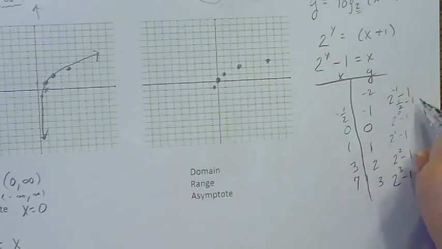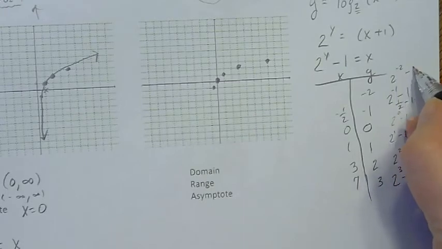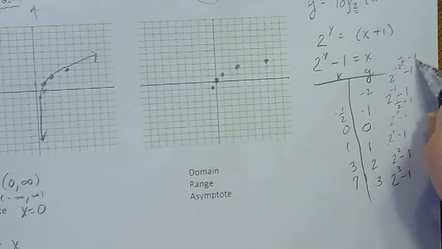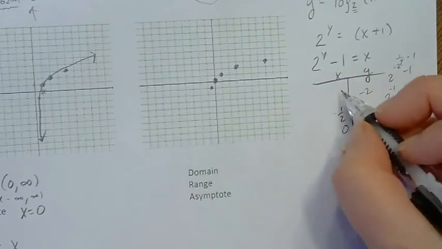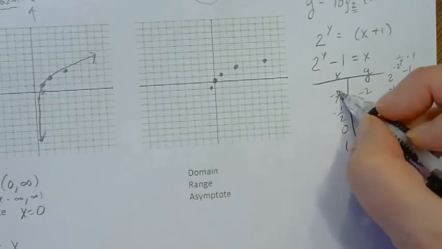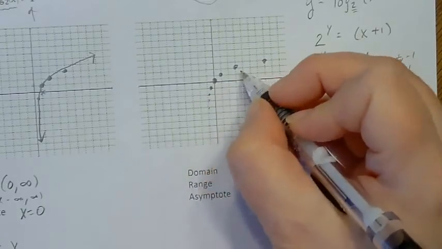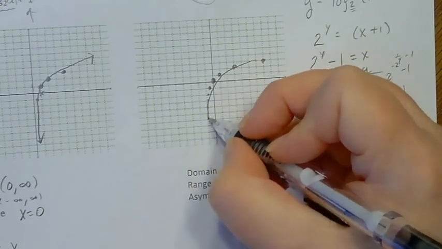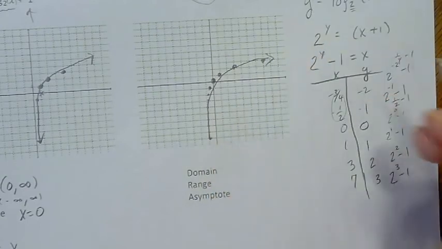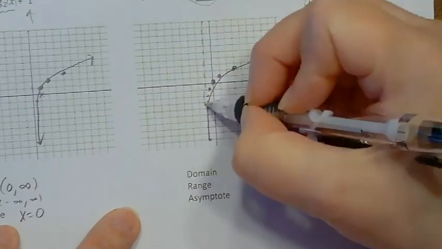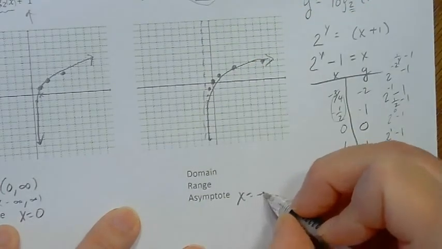Let's try negative 2. 2 to the negative 2 minus 1. 2 to the negative 2 is 1/4, minus 1 would be negative 3/4. So you can see how this number is getting closer and closer to negative 1, but never touches. So it looks something like this. So this time the asymptote is going to be at x equals -1.